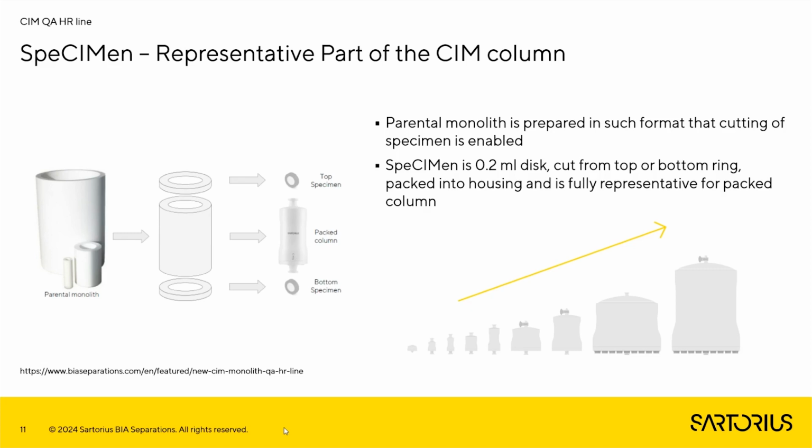This is now our packed column, and each specimen is packed separately in a small housing. Our research and development department conducted multiple tests to confirm and demonstrate that the specimen accurately represents the performance of the packed column. Each specimen is then separately tested to guarantee the high reproducibility of the packed column.